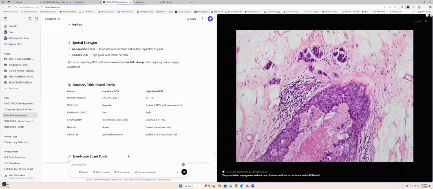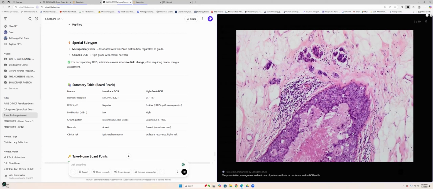I read it again. 1, 2, 3. Look at the base of the two. Perfect. That's fine.